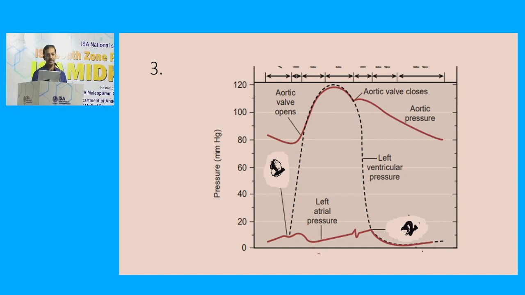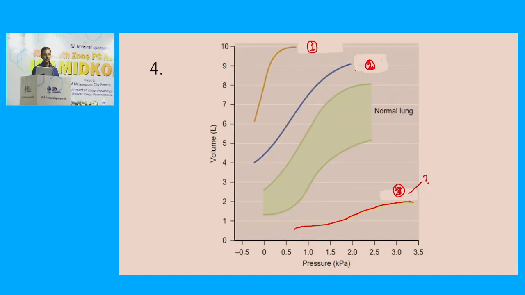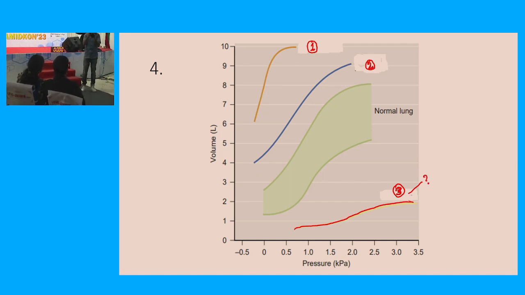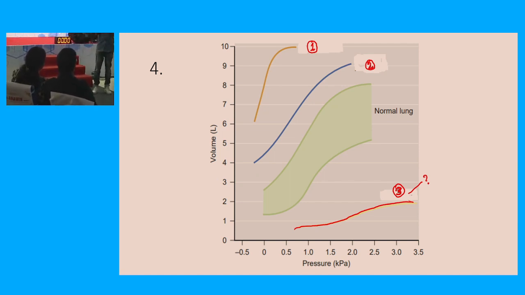D, you're ready. Very simple. Again, it's a pressure volume loop. The normal is the light green. I've marked 1, 2, and 3 abnormals. You just need to count and answer what is happening in 3. What does 3 represent? What kind of disease is this?